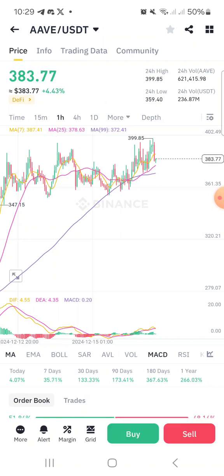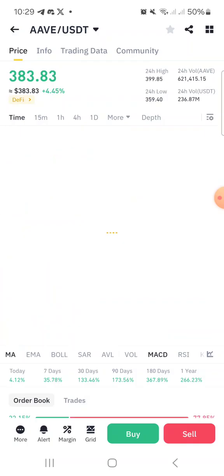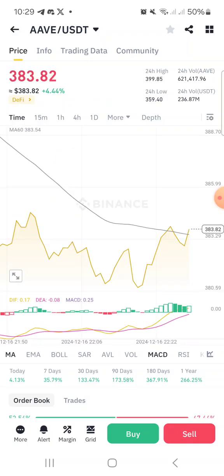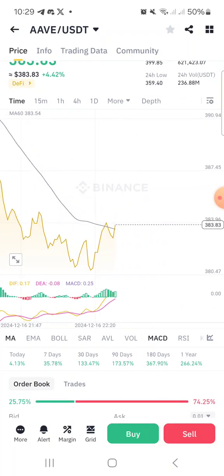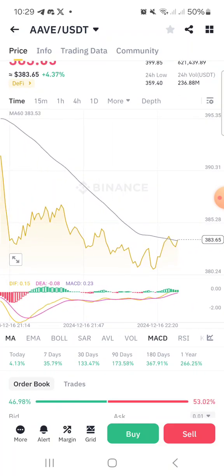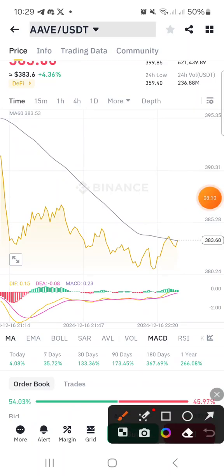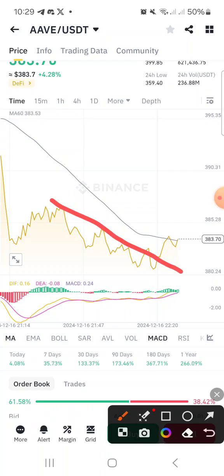Some people prefer to use the line. If you are using the line, that can also help you to get a clear view of your support and your resistance. So here clearly we can see our resistance, we can see our support.